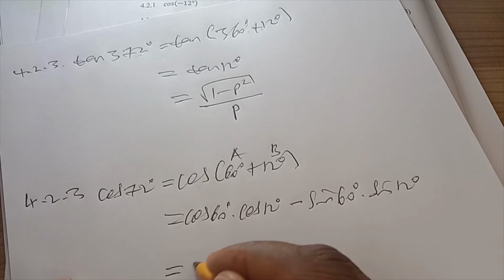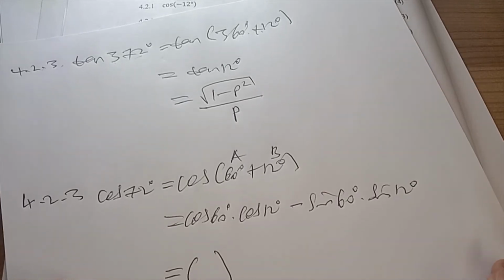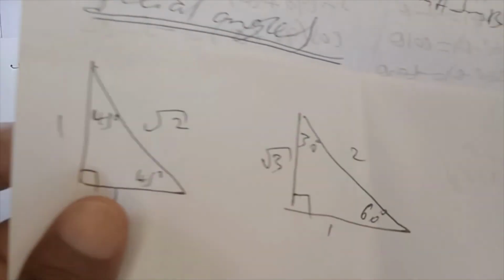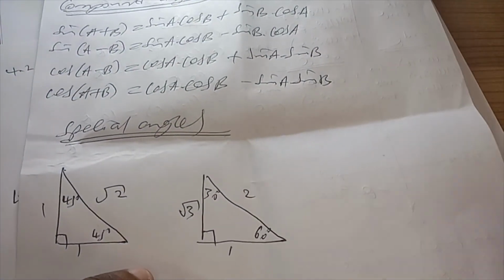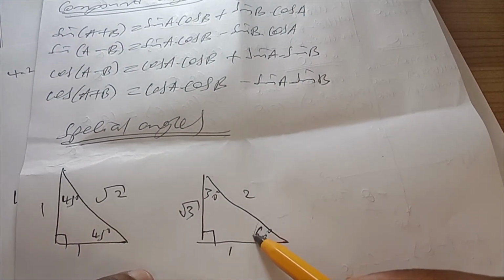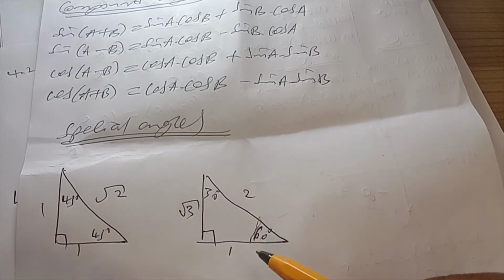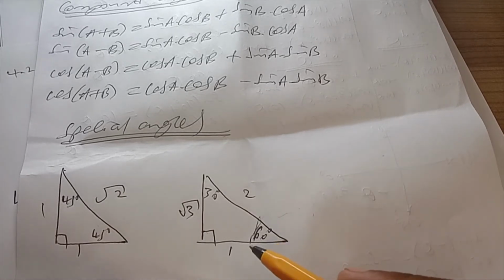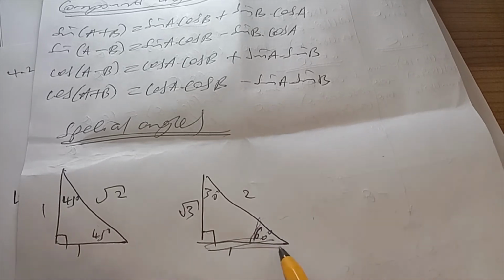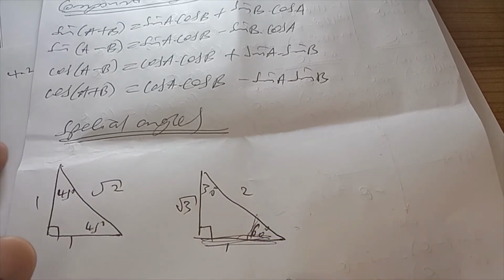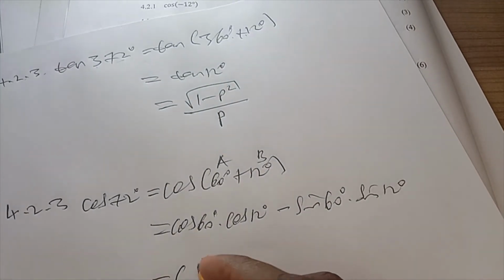With the cos 60 there, we should go to our special angle. Here's our 60. By definition, the cos is adjacent over hypotenuse. The adjacent of 60 degrees is 1. The hypotenuse is 2. Then here we're going to have 1 over 2.